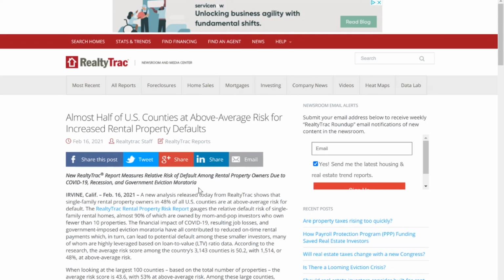This is from February 2021. But it should also be noted that these figures and the eviction moratoriums only relate to residential properties and not commercial. So we will have an increase of commercial properties which will be vacant and up for sale, but there's less data on that at the moment, and there's more data available for residential renters and residential properties.